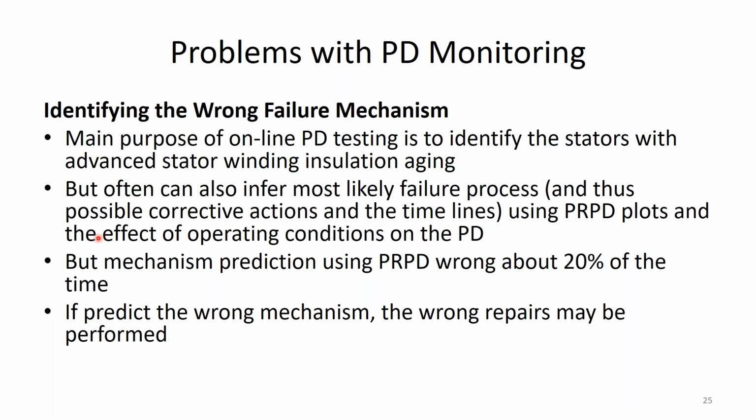But the reality is, even if we just use the PRPD plots by themselves, even in an ideal situation of, say, loose coils in the slot, unfortunately reality is what's going to operate here. When you go in and do the visual inspection, you're going to see these windings vibrating in their slot, with discharges on the surface of the coils. And 20% of the time, this is our experience, that PRPD pattern is not correct.